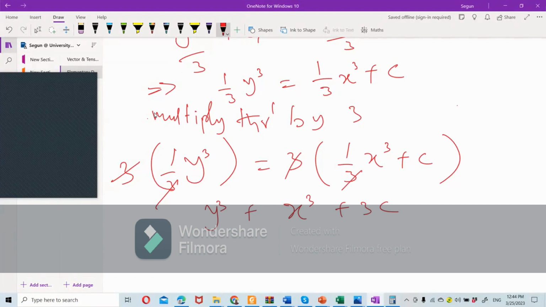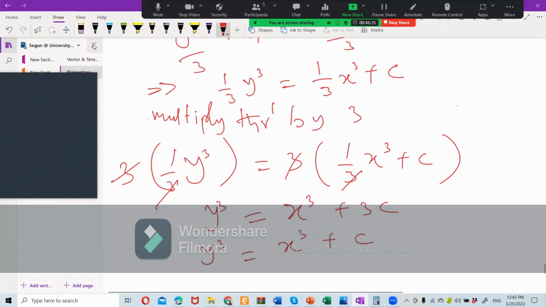Don't forget, 3C is still C. Constant is still constant. So we have y cubed equals x cubed plus C. So take note of that.